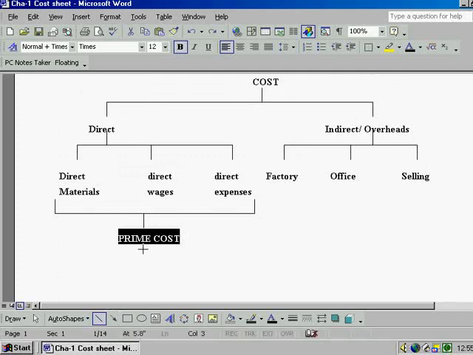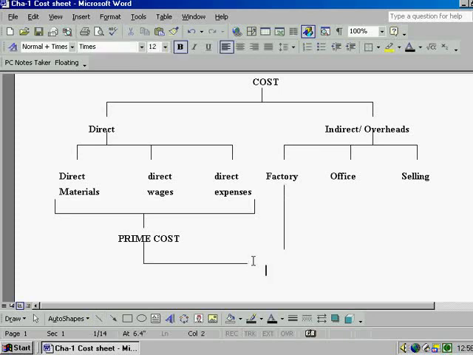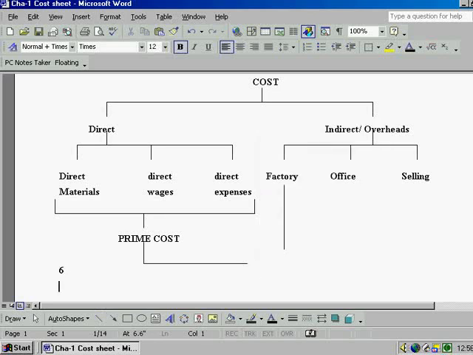And the total that you get is called factory cost.